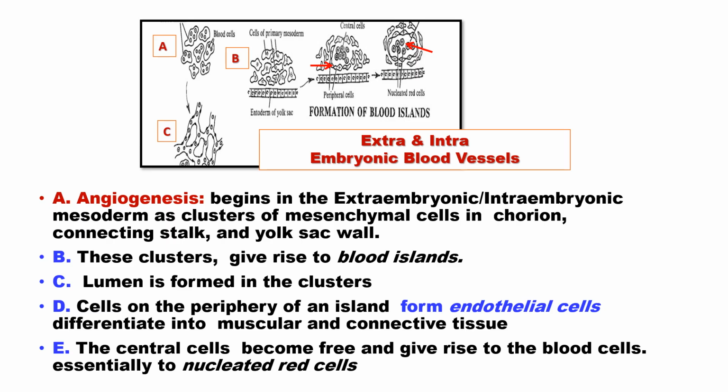Cells in the peripheral part of the island form endothelial cells, which further differentiate into the muscular and connective tissue coats. The central cells become free and give rise to blood cells. Initially, they are nucleated red cells.